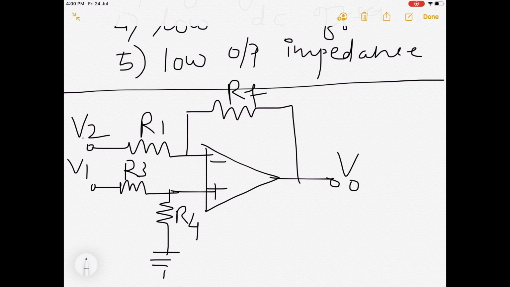So, what will be the VO here? VO is the difference of the two inputs. So, what is the gain for that?